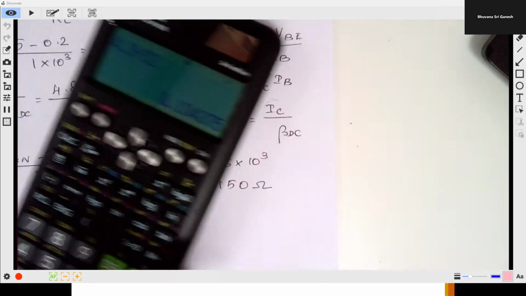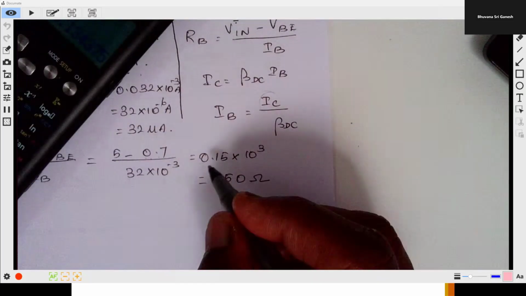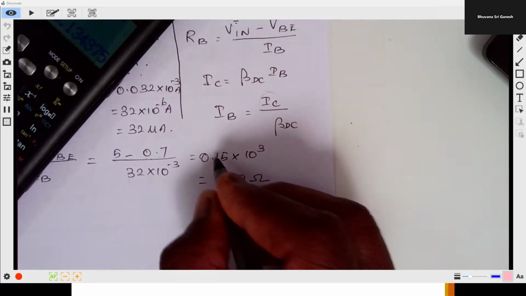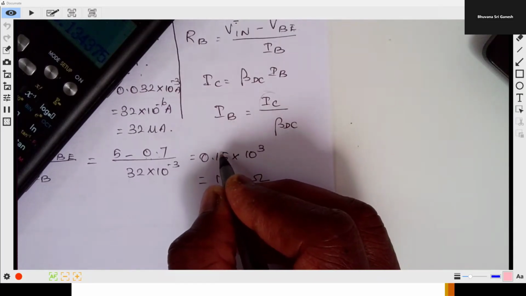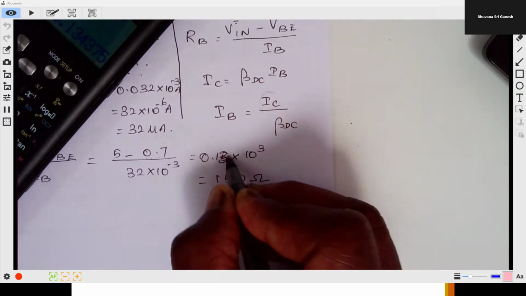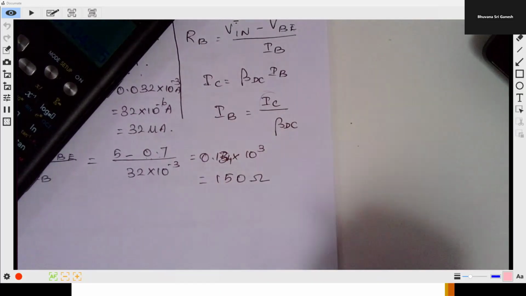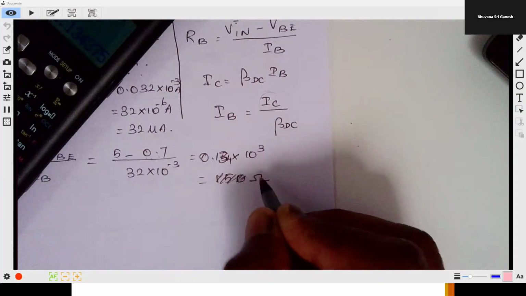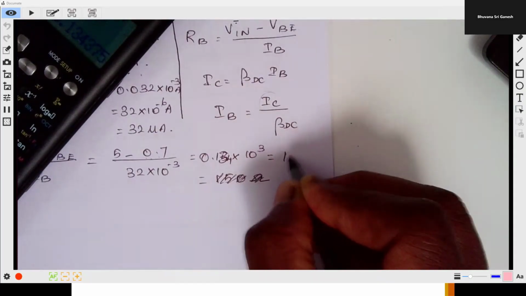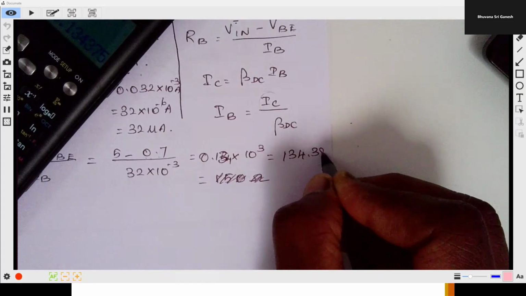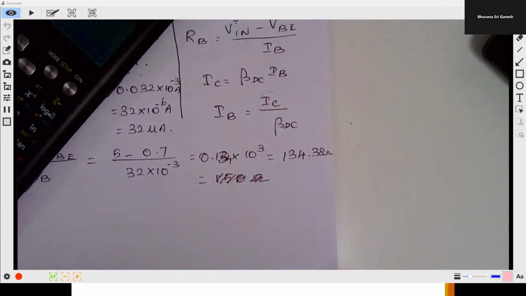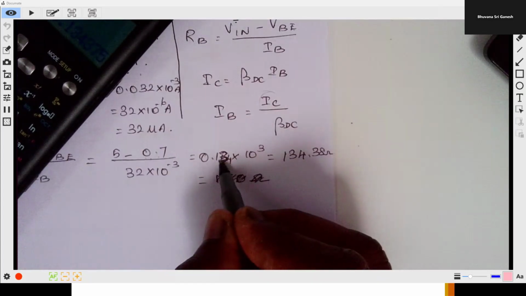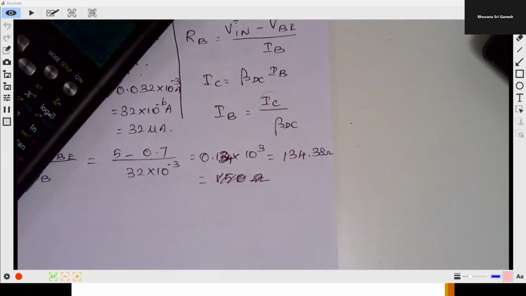So this is not 0.15 but 0.134, and the exact answer is 134.38 ohms. I had considered 5 minus 0.7 as 4.8, so I got 150, but it is 134.38 ohms. So we finished all the problems from the problem set.